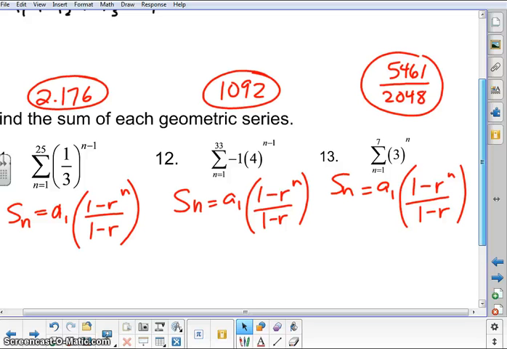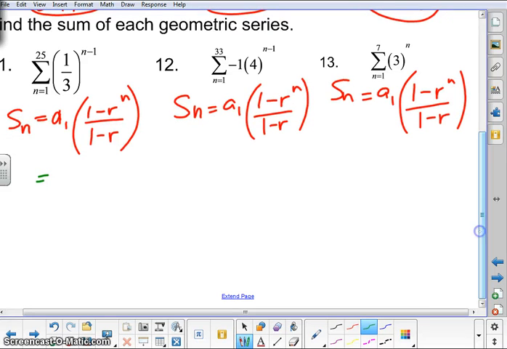So let's go on and practice our formula more, where if you have the first term, how are you going to know what the first term is? Well, just like in our previous sections, you would take the 1 and plug it in. So you'd have 1/3 to the 1 minus 1, which we know anything to the 0 power is 1. So that's going to be my first term.